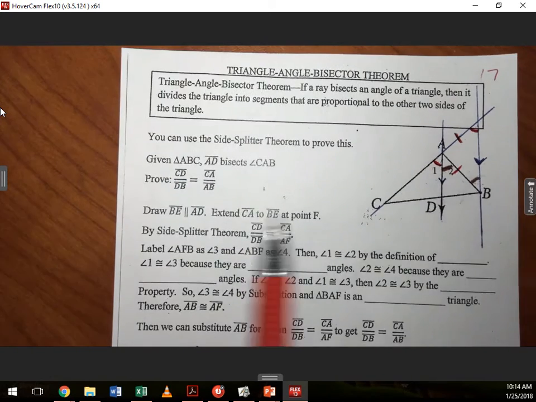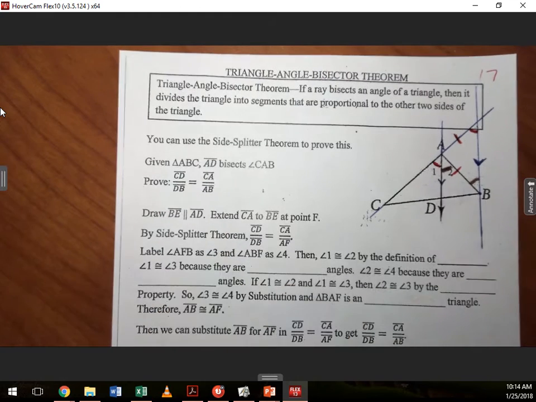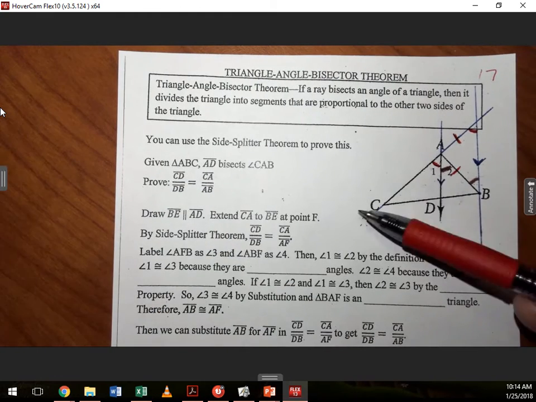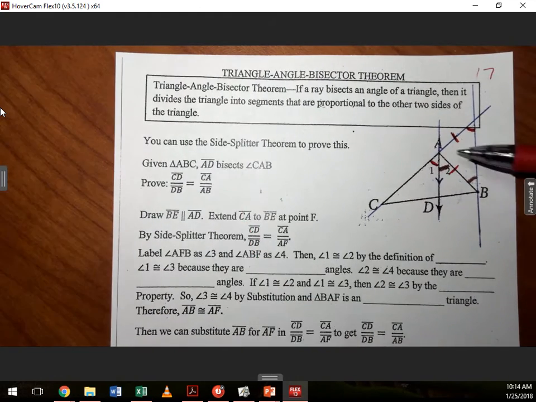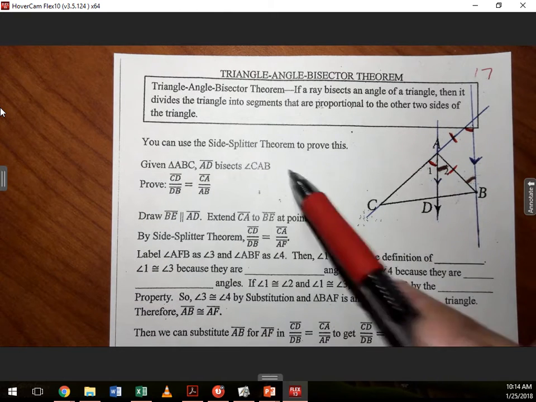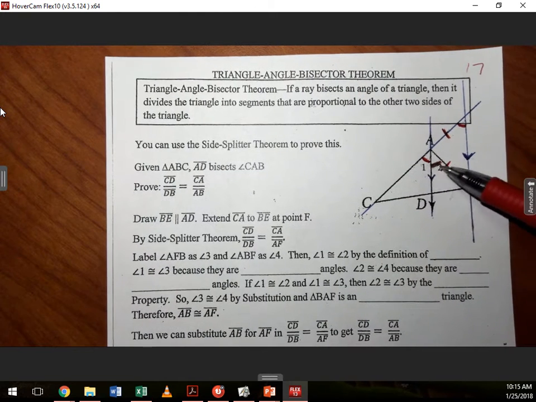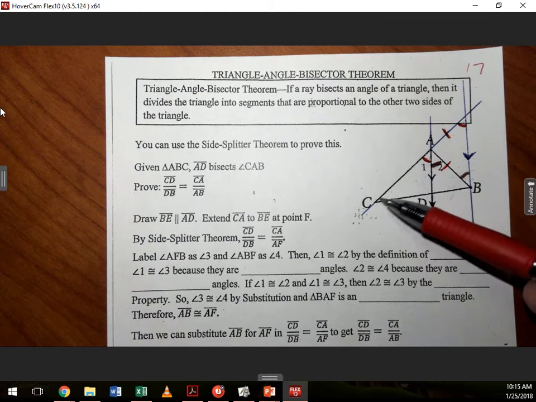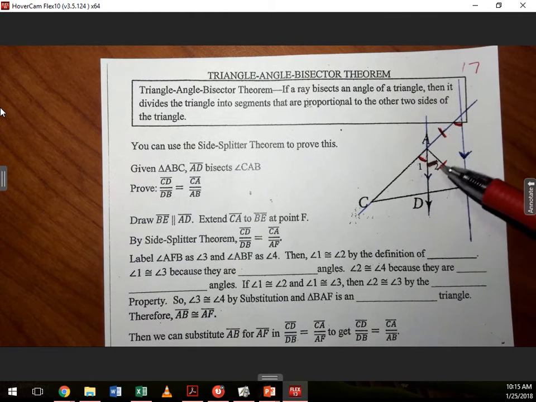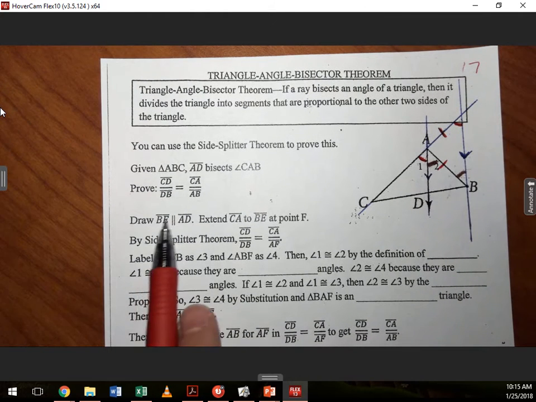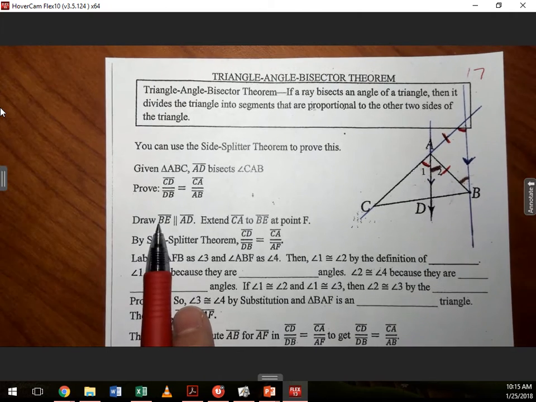my proof. Okay, it says given triangle ABC, that's what I had right here. AD bisects CAB. So AD cut this one into 2 equal parts. CAB, this cut into 2 equal parts. So we drew a line.